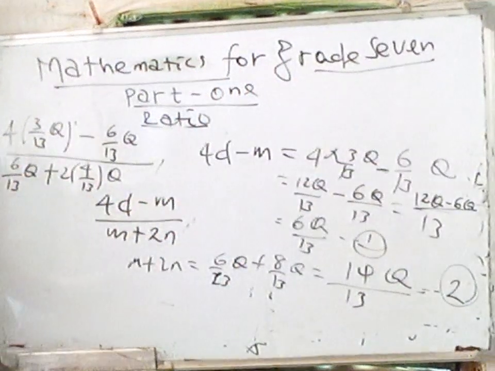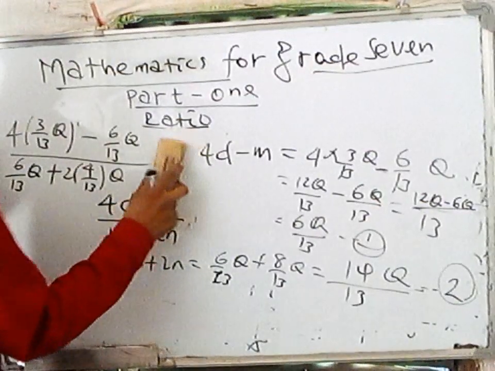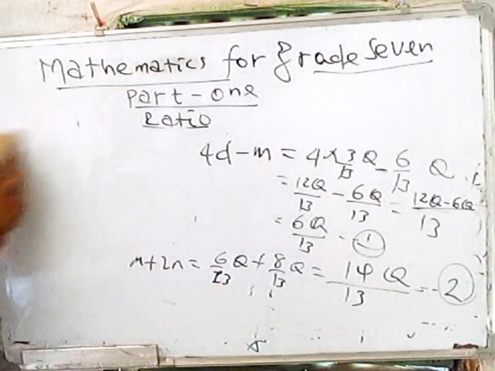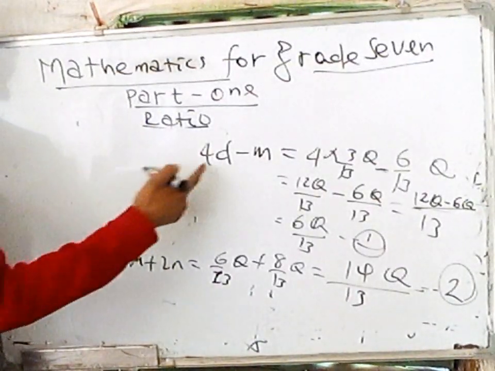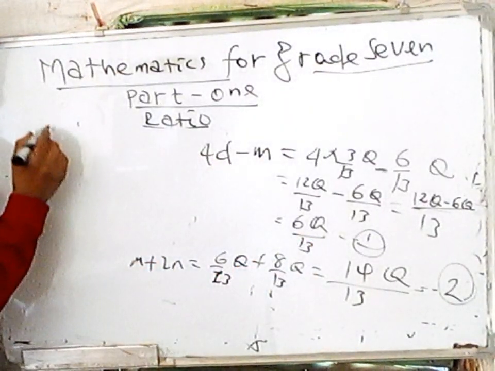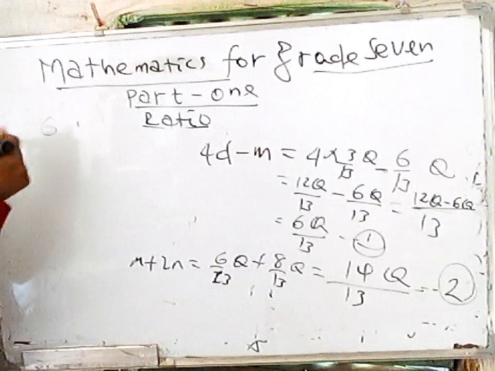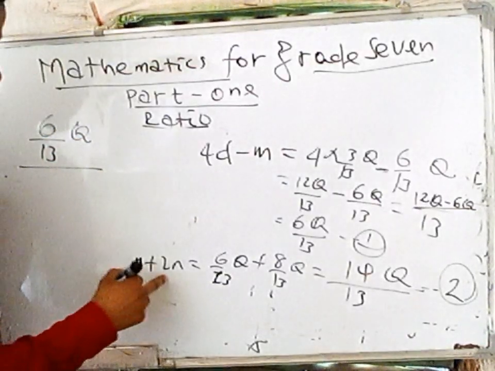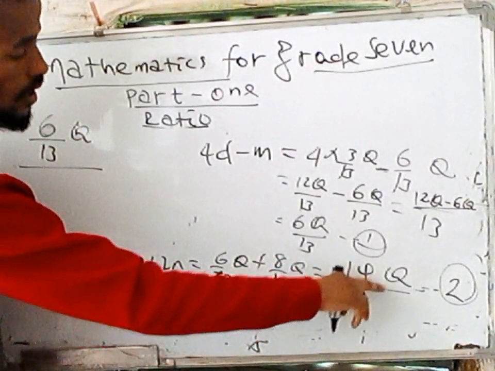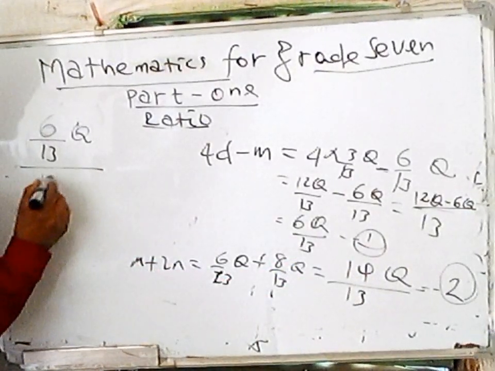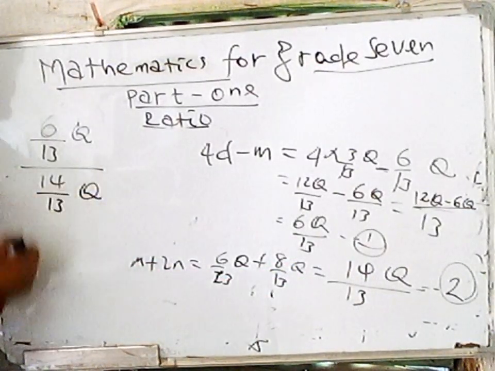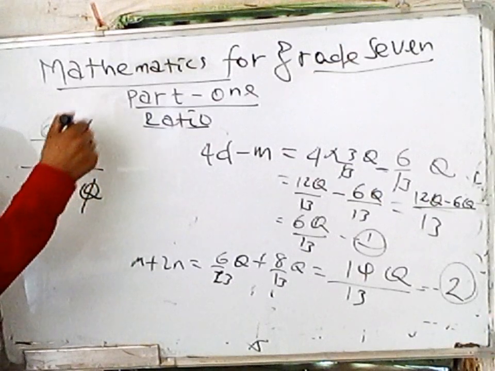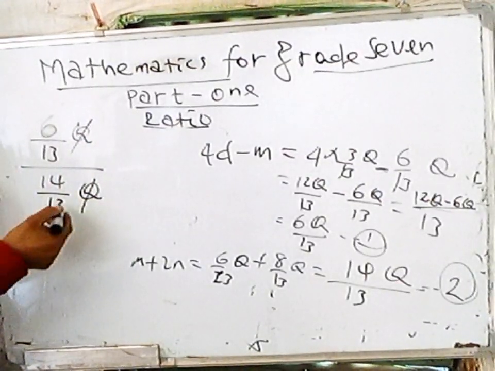Then now, for d plus m, what do we substitute? 6 over 13q, over what m plus 2n? What do we substitute? 14 over 13q. So q cancelled by q, then what's left?